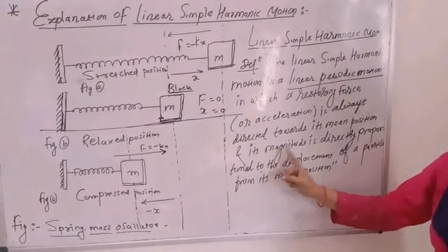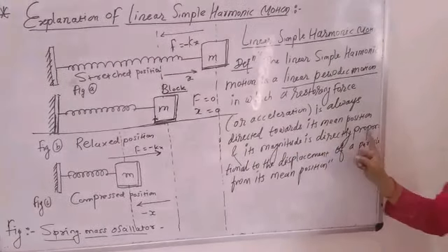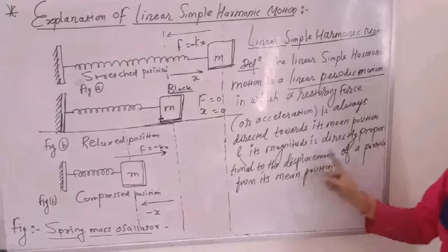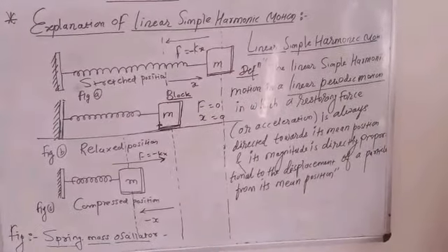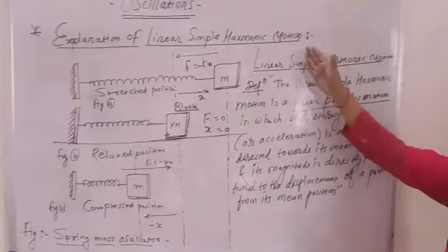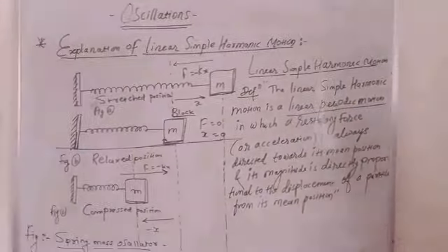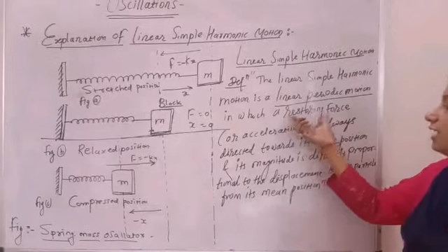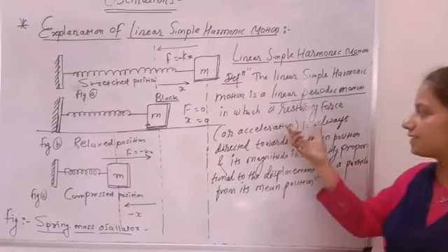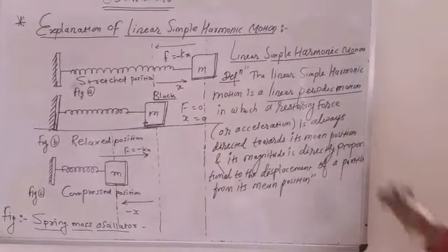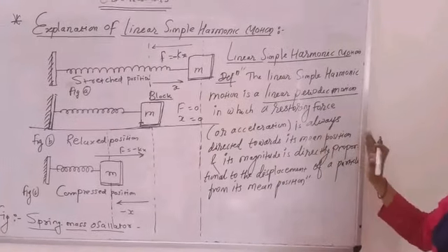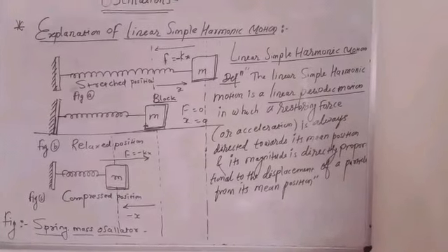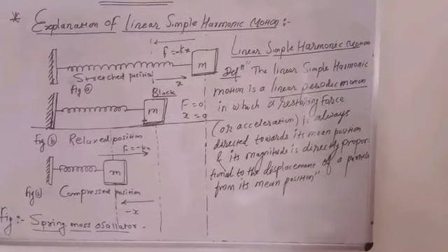Its magnitude is directly proportional to the displacement of a particle from its mean position. Okay. Now, from this definition, we can say that the magnitude of this restoring force is directly proportional to the displacement of a particle from its mean position.